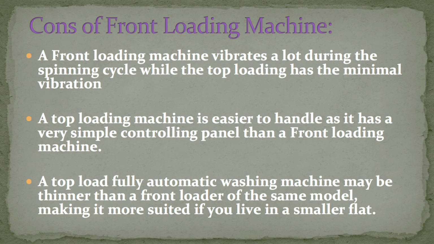Fourth point, a top-loading machine is easier to handle as it has a very simple controlling panel than a front-loading machine. And the point number 5, a top-loading fully automatic washing machine may be thinner than a front-loading of the same model, making it more suitable if you live in a very small flat.